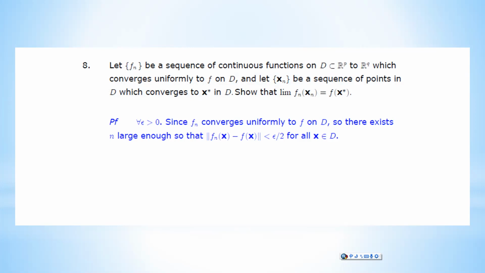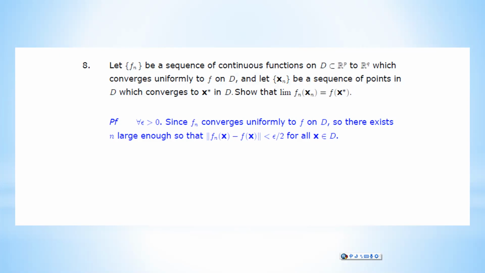Based on the uniform convergence concept, for this epsilon there's a large N such that when n is large enough, fn minus f will be uniformly smaller than epsilon divided by 2. Why divided by 2? This is a technical reason. This is a uniform control between fn and f, and it is true for all x.